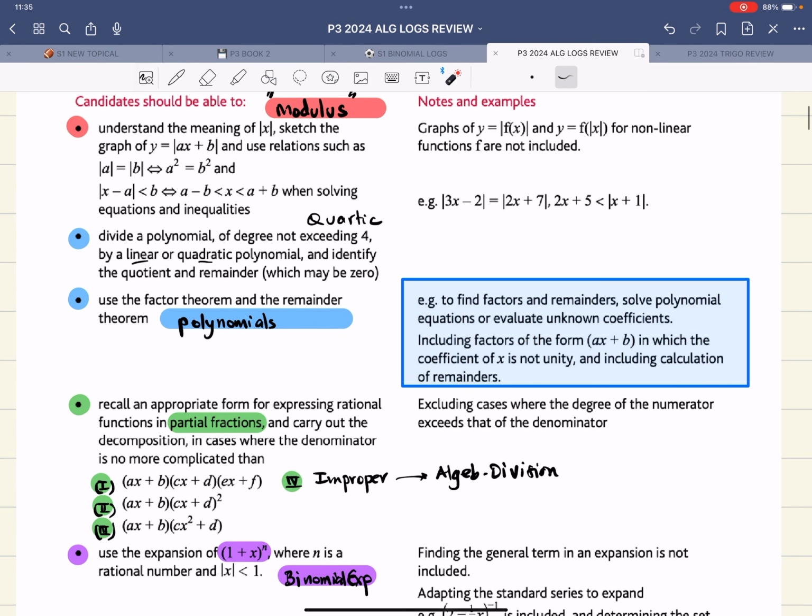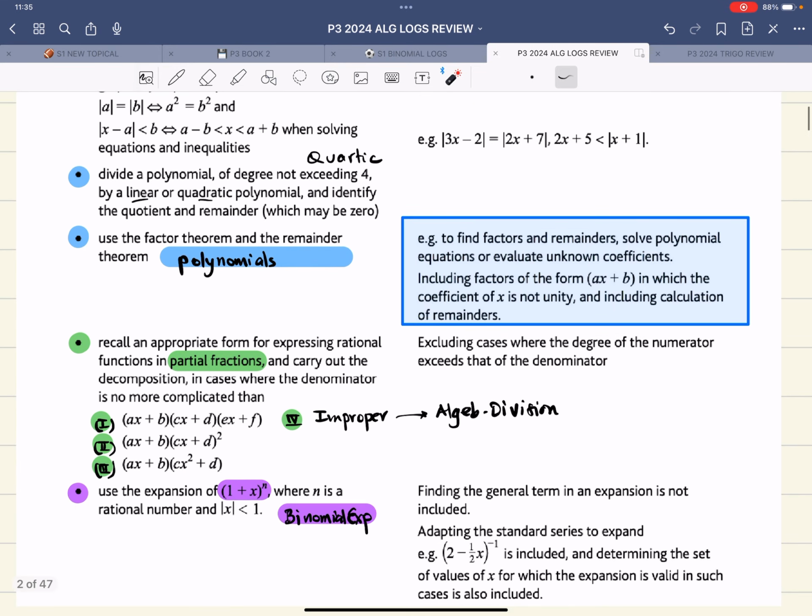So this was the analysis that we went through last time. Now let's focus on the blue dots because it's about polynomials. It says divide a polynomial of degree not exceeding 4. That means we are dealing with a quartic equation, that is the maximum, by a linear or quadratic polynomial, and identify the quotient and the remainder, which can be 0.